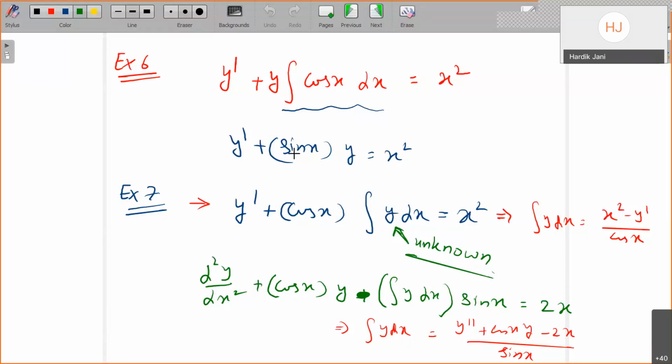That's my point here. Now, see, this integral you can simply replace by sin x, so there is no requirement of differentiating both sides. If you do so, it will convert into a second order differential equation, which will become a very challenging problem.